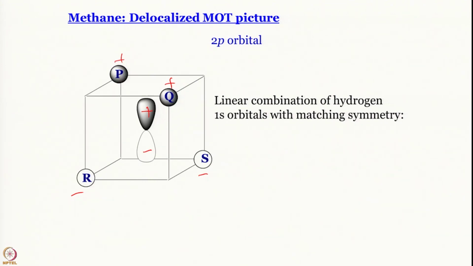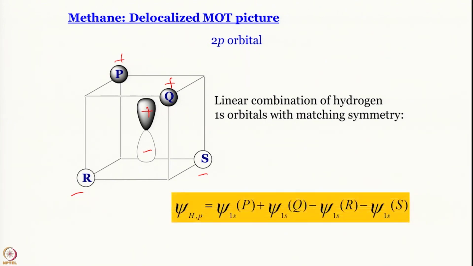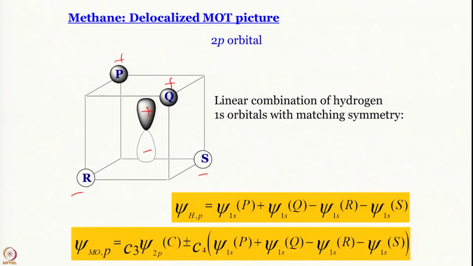Filled circles mean plus and empty circles mean minus. This has matching symmetry. So, if I take a plus combination between these two, I get bonding. If I take a minus combination, then I get anti-bonding. So, we will call this psi hp, psi 1s p plus psi 1s q minus psi 1s r minus psi 1s s. You can now take linear combinations.